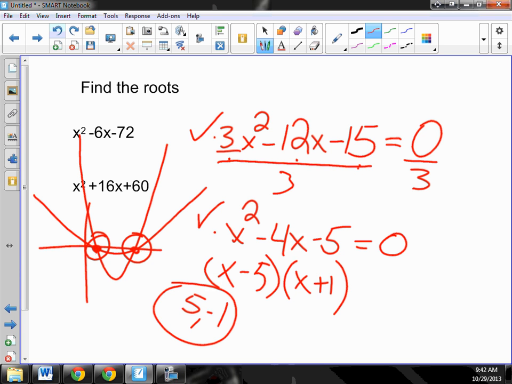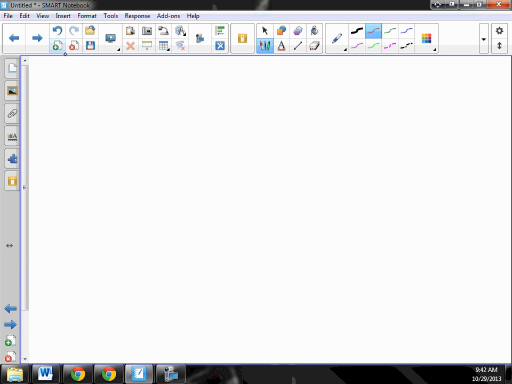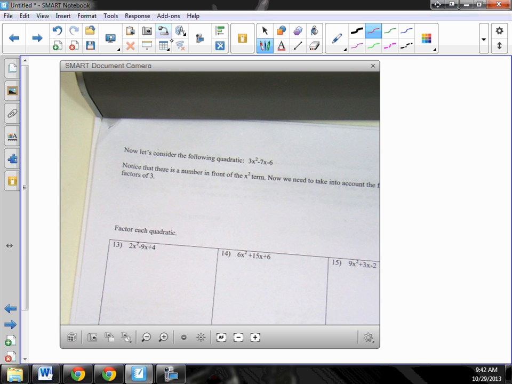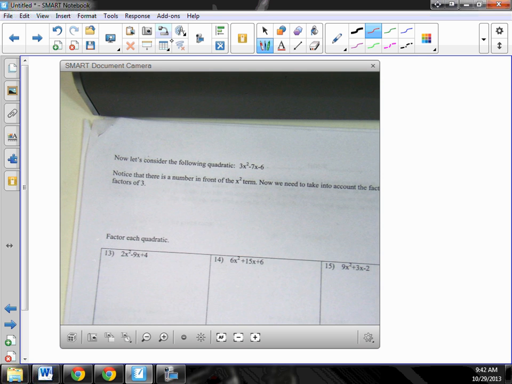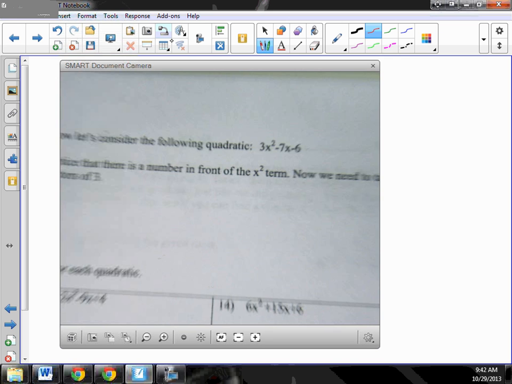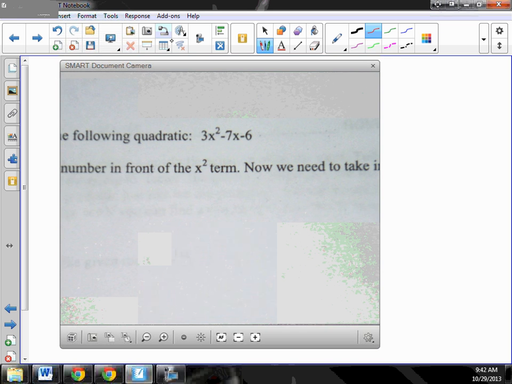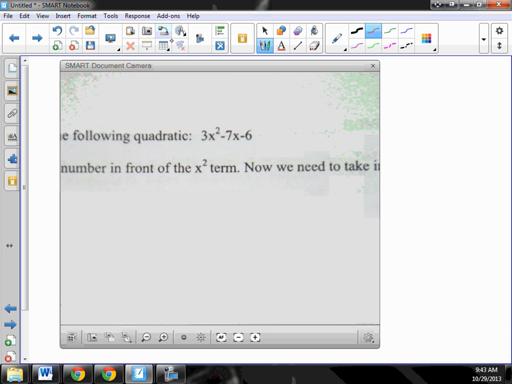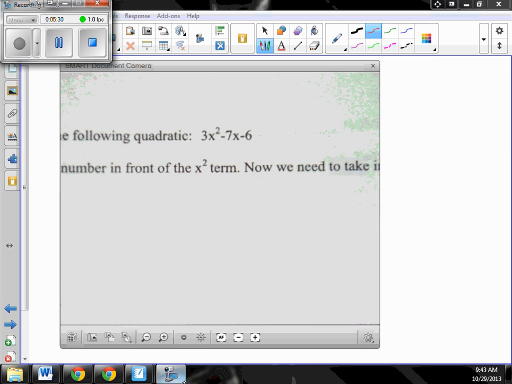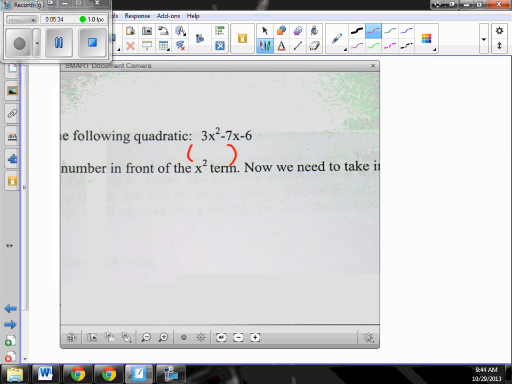Okay? Well, what if I can't divide it out? Turn to the last page of your worksheet. Where did those go? Let me see if I can find you one. When I try to factor this, it's no longer just going to be x and x, because these first terms need to multiply to be 3x squared.